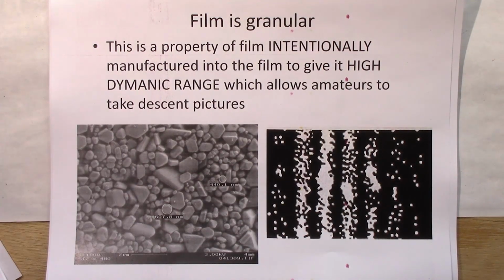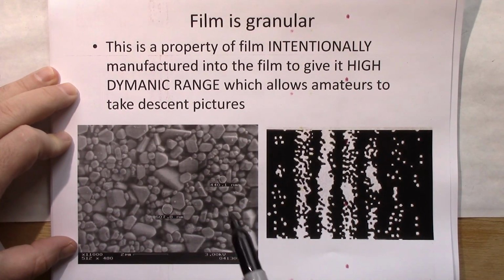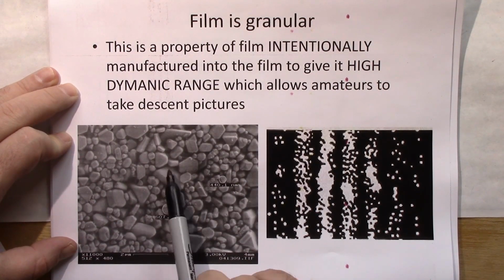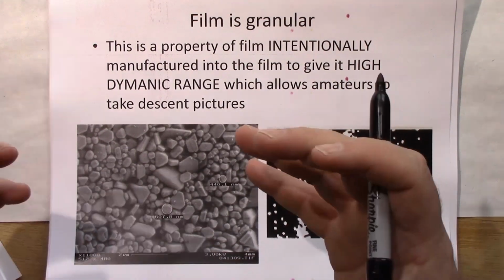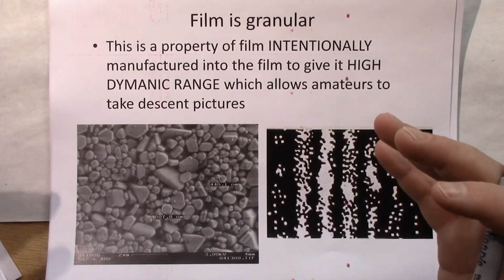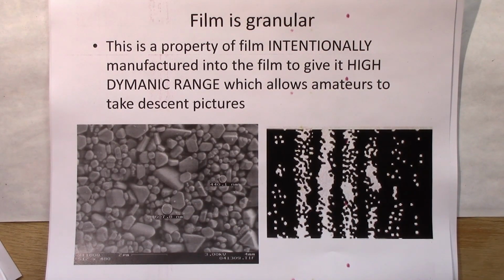Okay, the reason for this is film is intentionally manufactured with widely varying grain sizes, from humongous large grains to almost tiny microscopic grains you can't see. This intentional varying of the grain sizes gives film an incredible dynamic range so amateurs can take decent pictures.